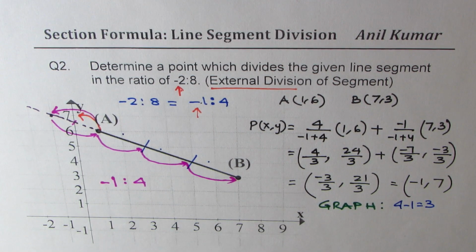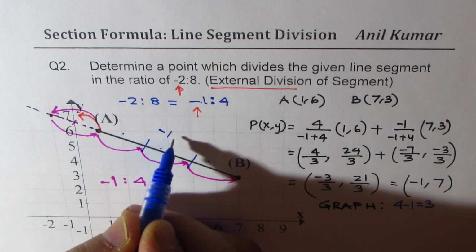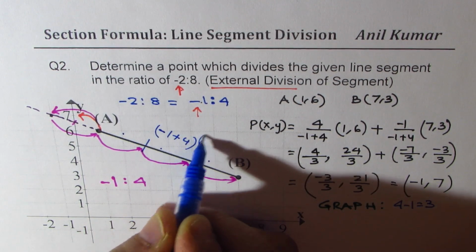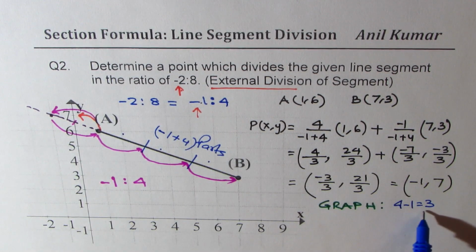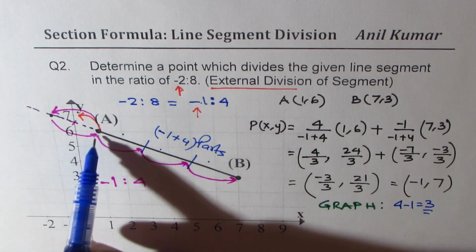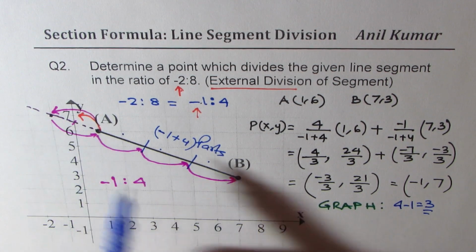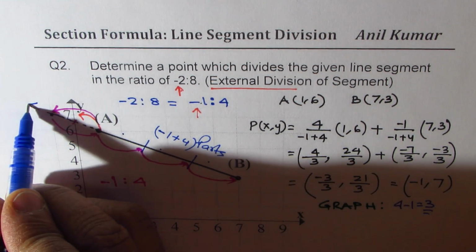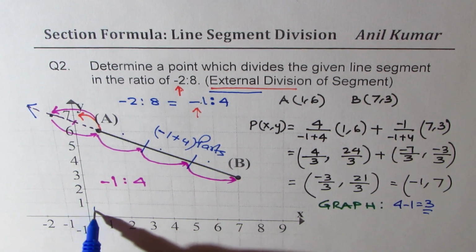Do you see that part? So we divide the line segment into minus 1 plus 4 parts, which equals 3. Now since we are going minus 1, this much length will go on the line which is extended, and therefore since it is extended to this side, we are calling this an external division.